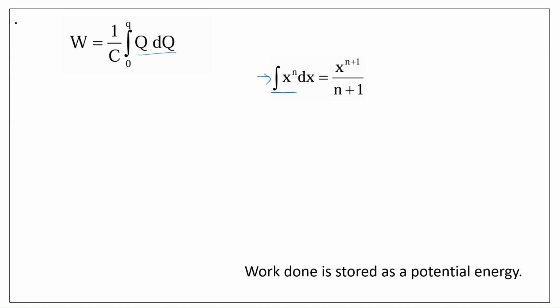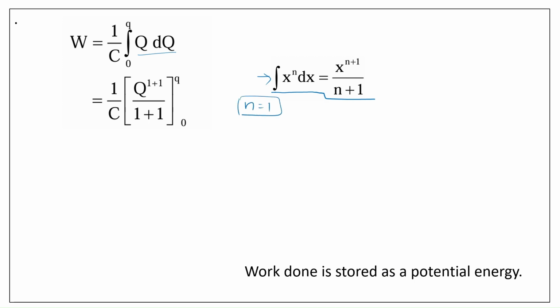The integration of q dq can be solved from this formula. That is, integration of x to the power n into dx is equal to x to the power n plus 1 by n plus 1. Here n is equal to 1. So we can write W is equal to 1 by C into q to the power 1 plus 1 by 1 plus 1 from 0 to q.